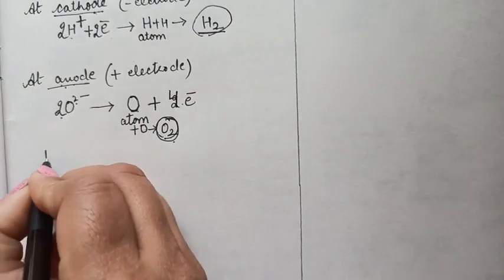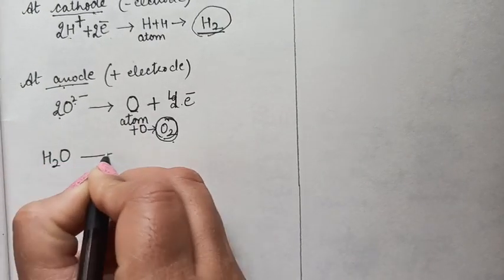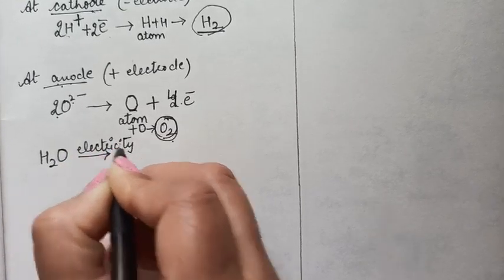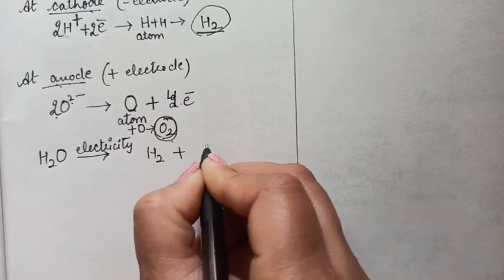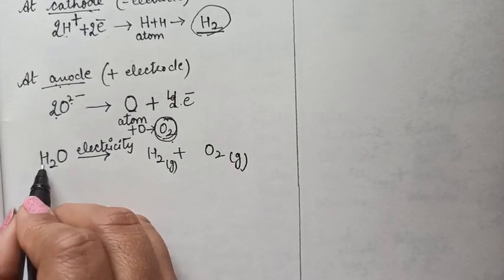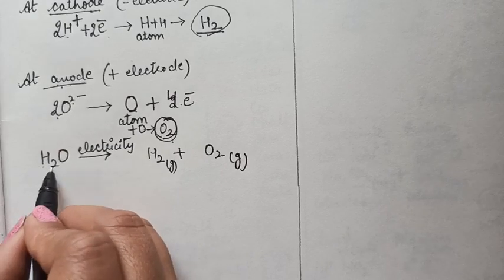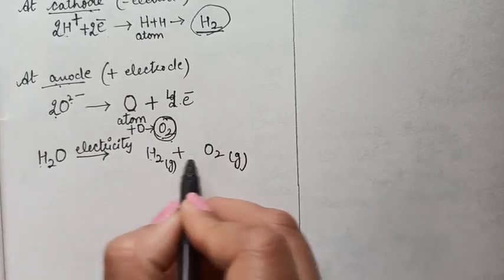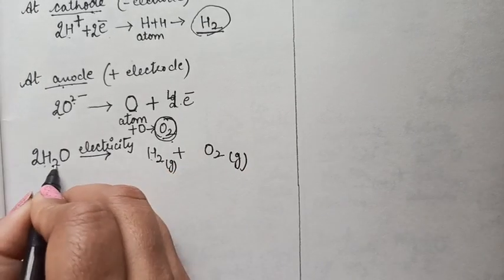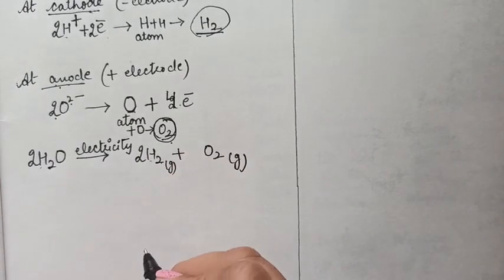How to write the balanced equation? H2O on passing electricity forms H2 and O2. These are in the gaseous form. For balancing, here H2, O1, O2, so here we will put 2. Now the hydrogen, 2 twos are 4. Here we will put 2.